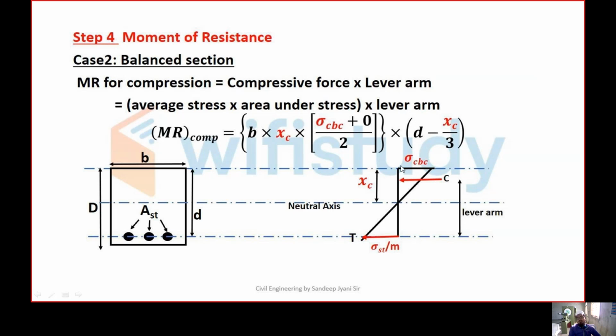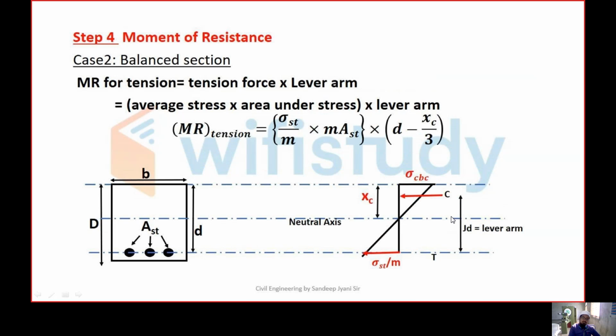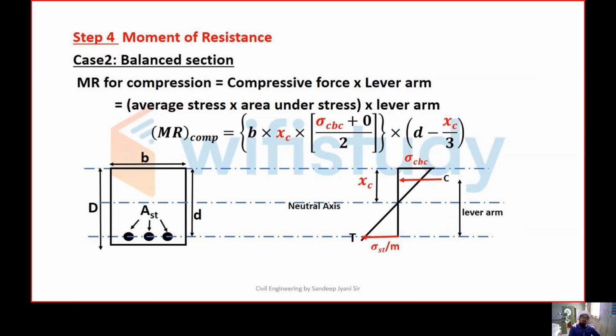Coming to the stress diagram, it will be like this. It is linear, with the maximum compressive stress and the maximum tensile stress. From the resultant compressive force to the center of gravity of the reinforcement is the lever arm, same as mentioned above. To find the moment of resistance for compression, it is average stress into area under stress, same formula.